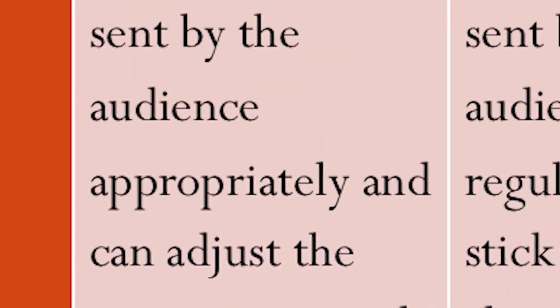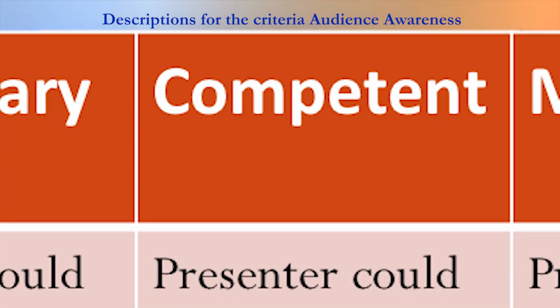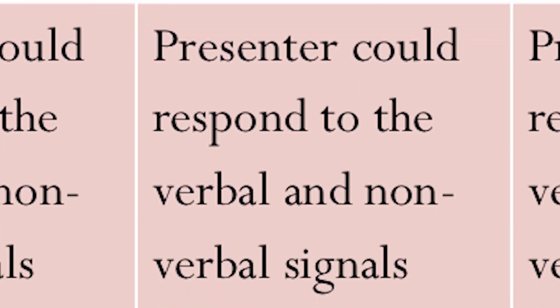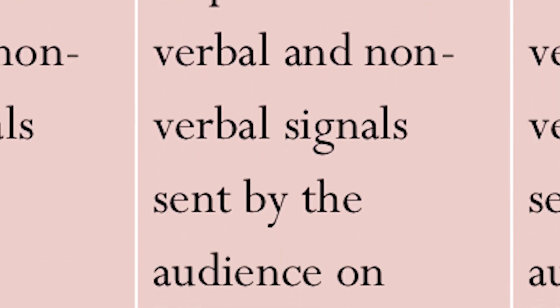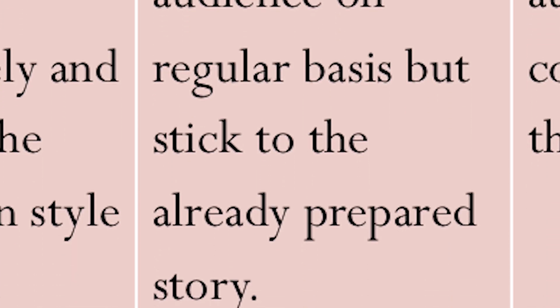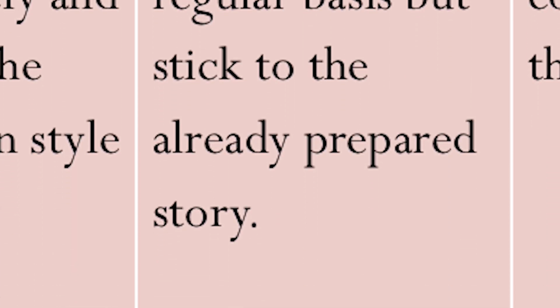For the next scale level, that is competent, the description is: presenter could respond to the verbal and non-verbal signals sent by the audience on regular basis, but stick to the already prepared story.